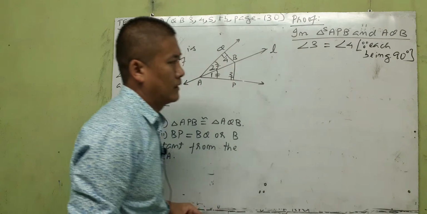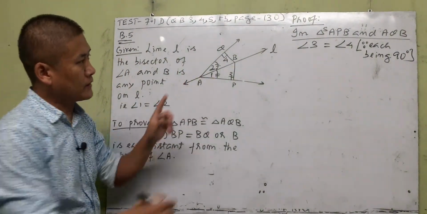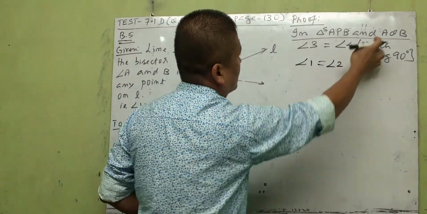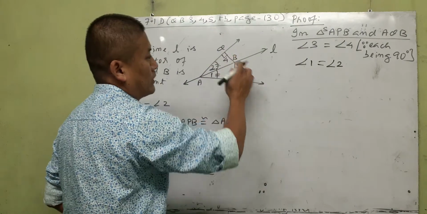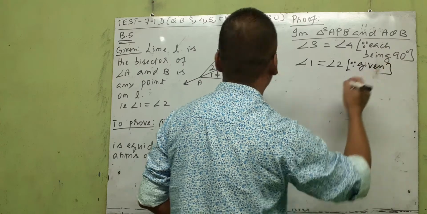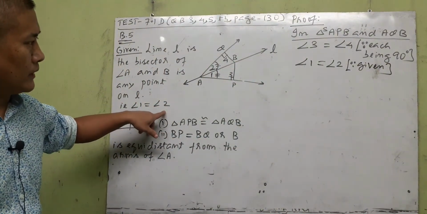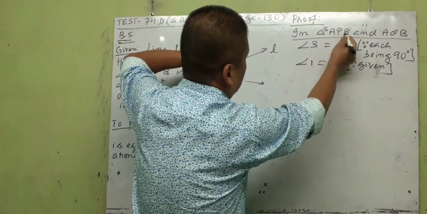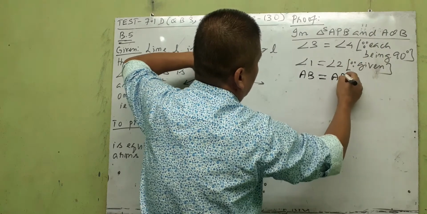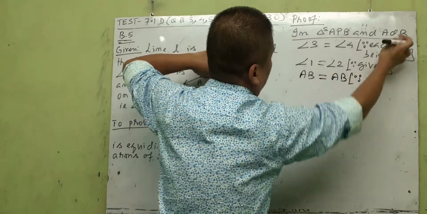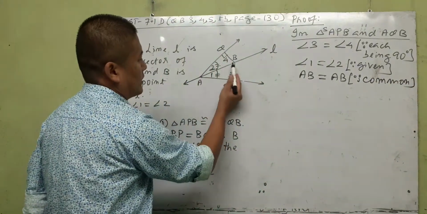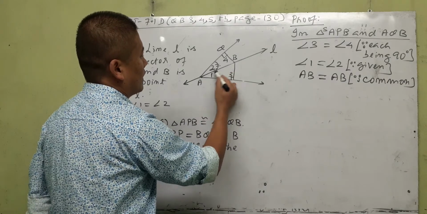Then the next one, angle 1 inside APB equals angle 2 inside AQB, because it is given in the question itself that L bisects angle A. If you can pick one side, they are equal. AB, let us say first and third letter, and corresponding side means in the other also first and third. Exactly, they are the same actually. First and third, AB. They are equal because it is common, means belongs to both triangles. As we can see, AB belongs to triangle APB and also to triangle AQB.